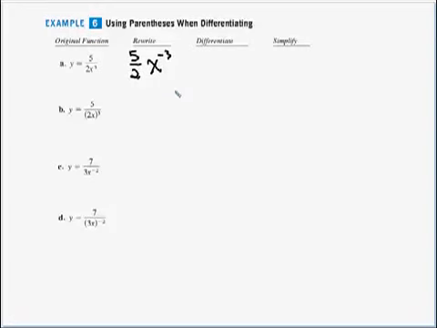And let's see if I follow what the book does in here. They're talking about using parentheses when you derive. They sort of want you to parenthesize off that variable and then derive it and simplify it. So if we stick to the way the book does it, you're going to have your 5/2 in the front, and then in the parentheses take your derivative, negative 3 x to the negative 4, and then we simplify. 5/2 times negative 3 is negative 15/2.